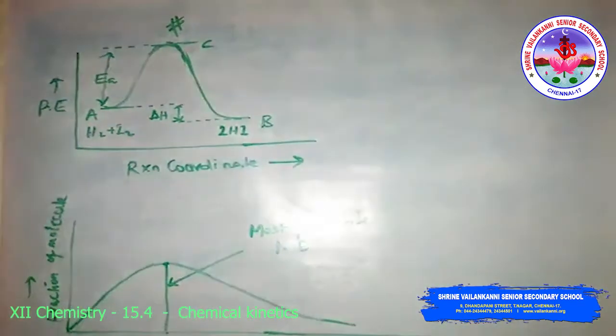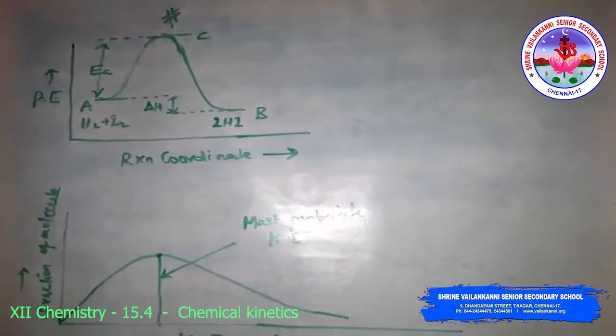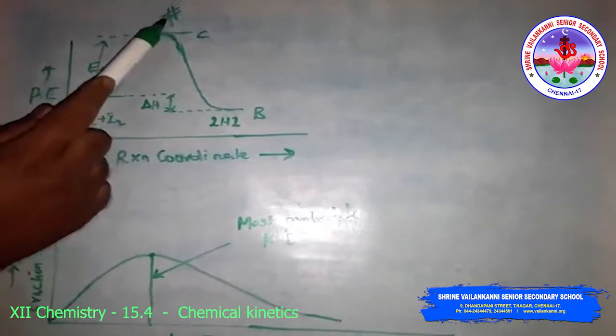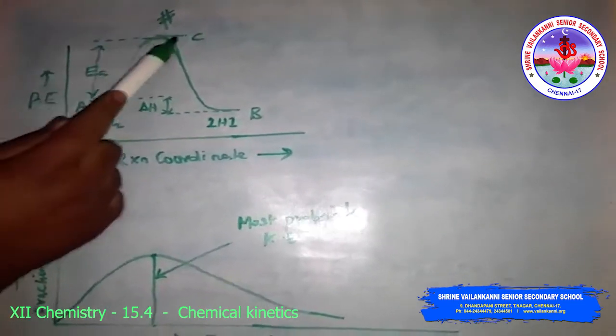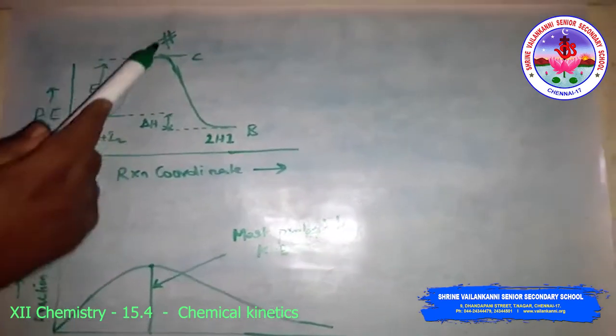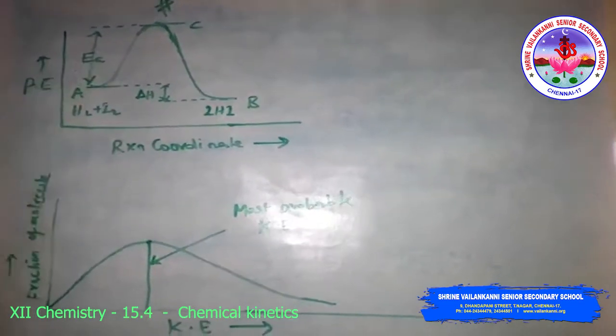Look at this diagram, potential energy versus reaction coordinate. The energy required to form the intermediate, which we already saw in that reaction, is called the activated complex. This is known as the activated complex, and this is the activation energy, Ea.